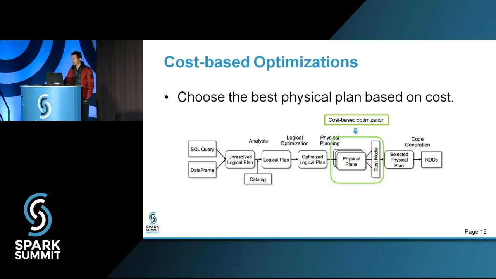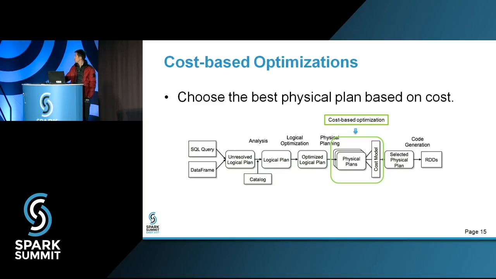Next, I'll start with the cost-based optimization we did in Spark SQL. As we mentioned before, in Catalyst during physical planning, Spark SQL has many possible physical plans, and the goal of cost-based optimization is to choose the best physical plan among those candidates based on their costs.